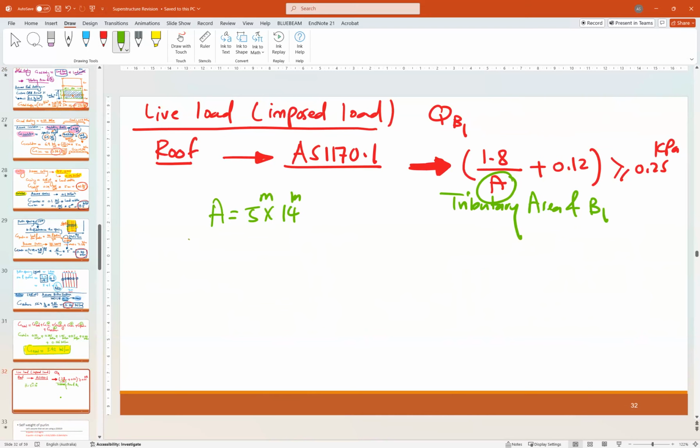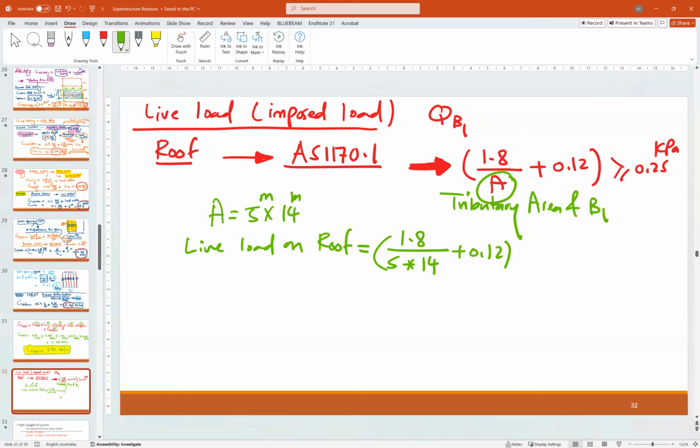So now Q, or live load on roof, equals 1.8 divided by 5 times 14 plus 0.12. Usually this value is less than 0.25, but if you don't have time, you can mention it is less than 0.25 and use 0.25.